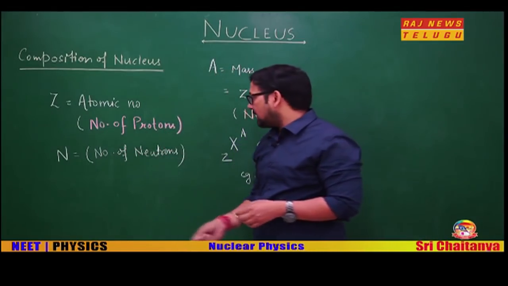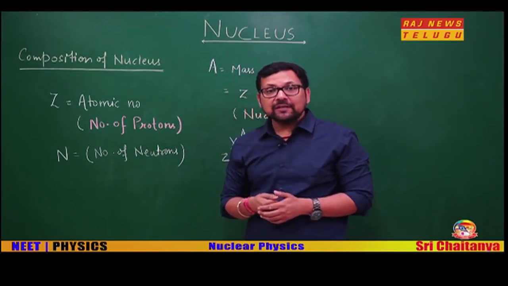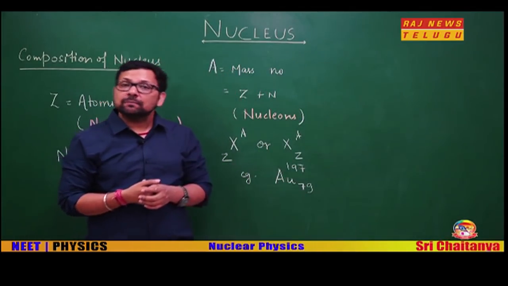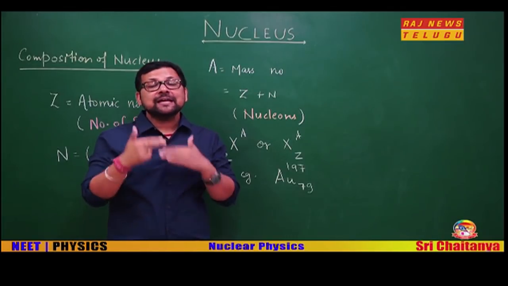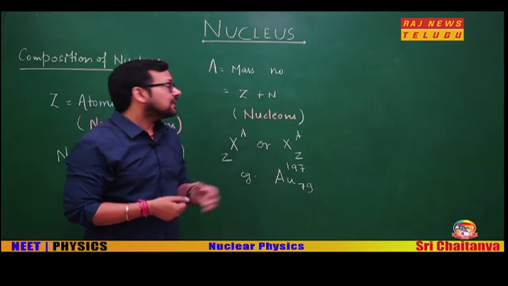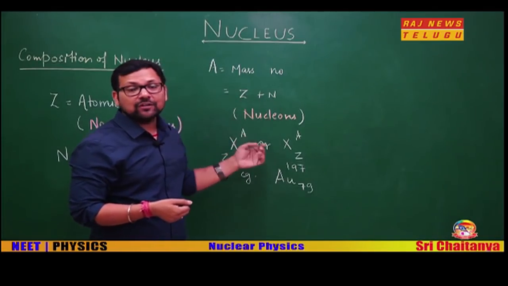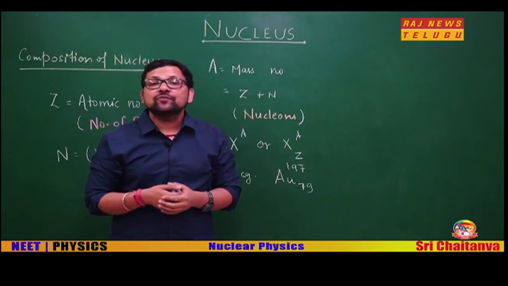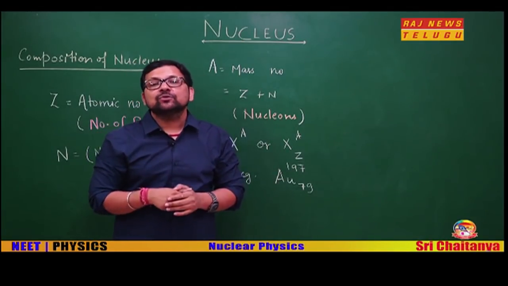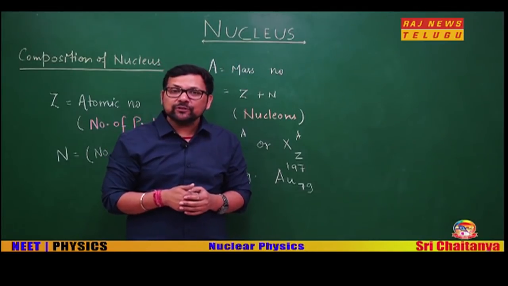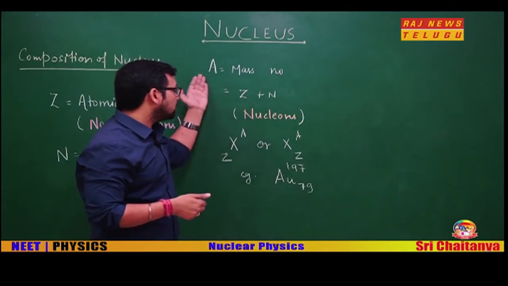Capital N is the number of neutrons, and capital A is the mass number, that is Z plus N, number of protons plus number of neutrons. Protons and neutrons are found inside the nucleus, so they are collectively called nucleons.